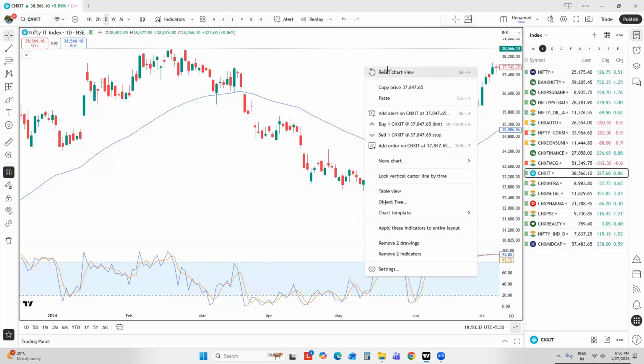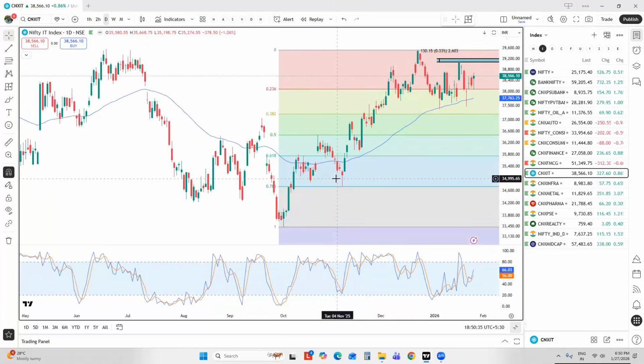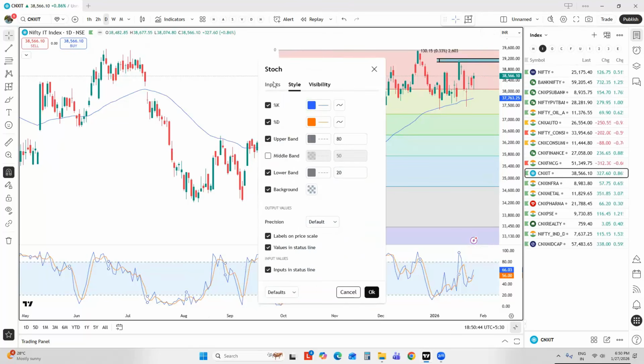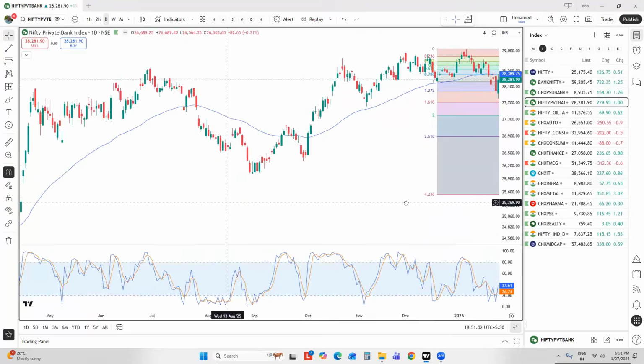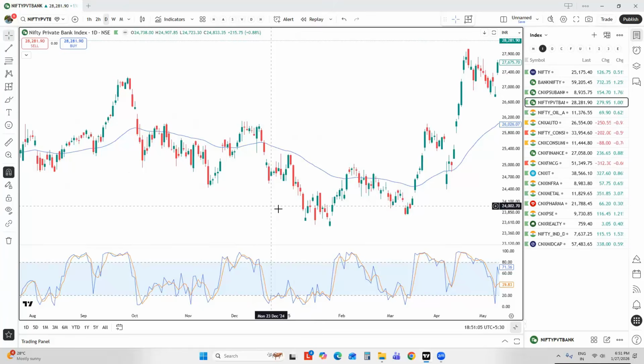So this is a very simple setup per se, where you can use a 55 EMA, a stochastic oscillator with 1413 as parameter, 80 and 20 as overbought oversold zone, and the main aim over here is to find zones in a particular index or a stock maybe also, where you can find times when we have a confirmed uptrend or a downtrend and we have a pullback zone.